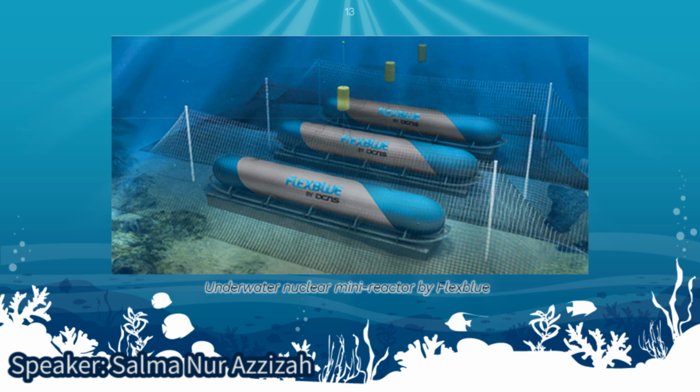What you are seeing here is FlexBlue, a submerged, cylindrical, fully modular, and transportable ONPP. It would be installed on the seabed at a depth of 60 to 100 meters at a site 5 to 15 kilometers from the shoreline. Undersea cables would bring the electricity to customers, much like from offshore wind turbines.